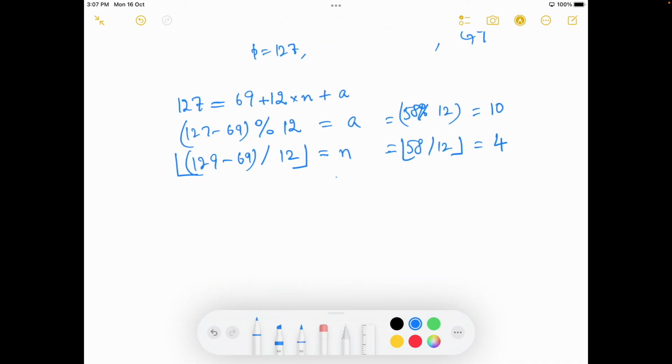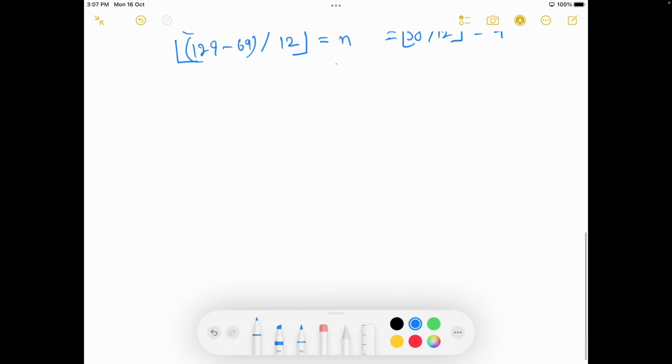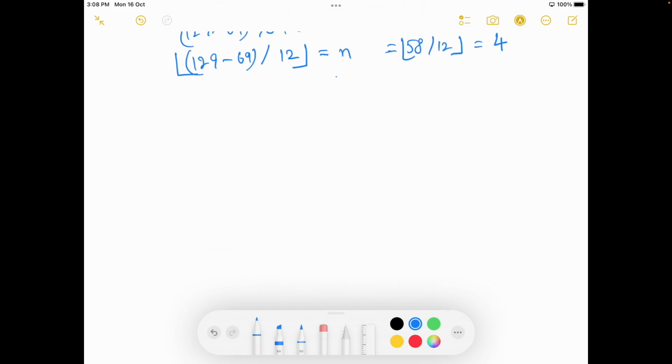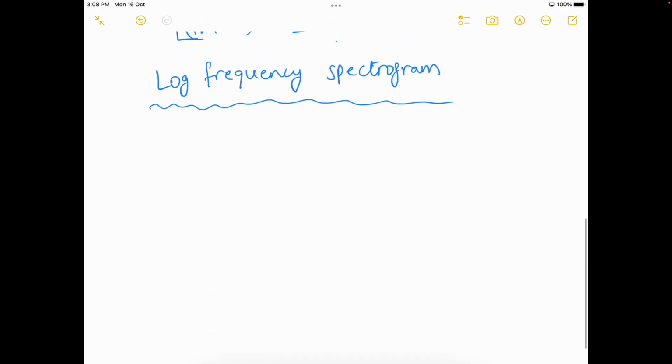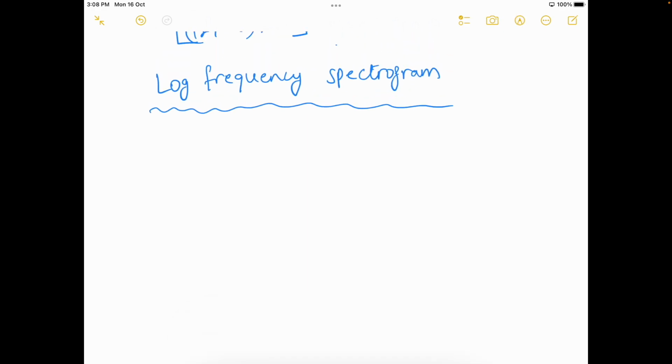Okay, so fine. This was the concept of pitch. Now let's see how we modify our spectrogram. We define a new kind of spectrogram called the log frequency spectrogram. It will be made from X of M comma K, the STFT spectrogram.